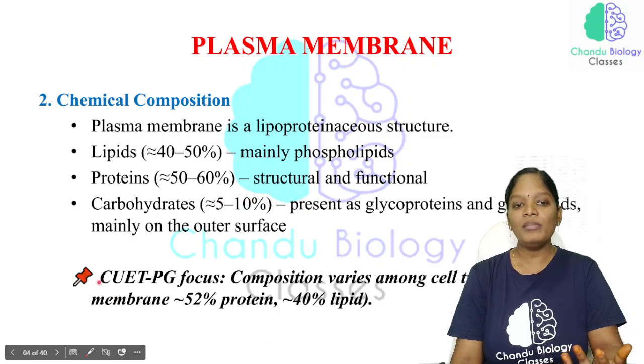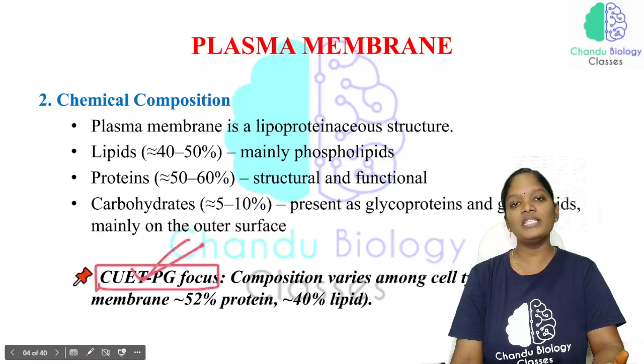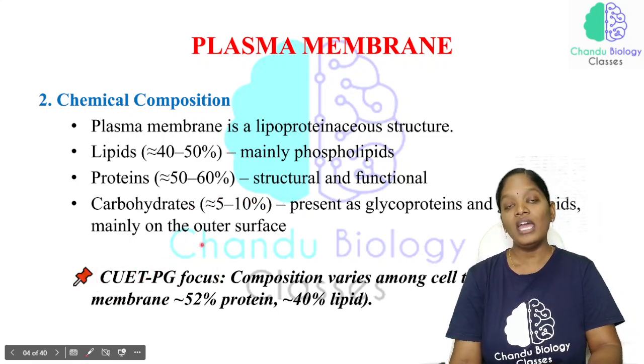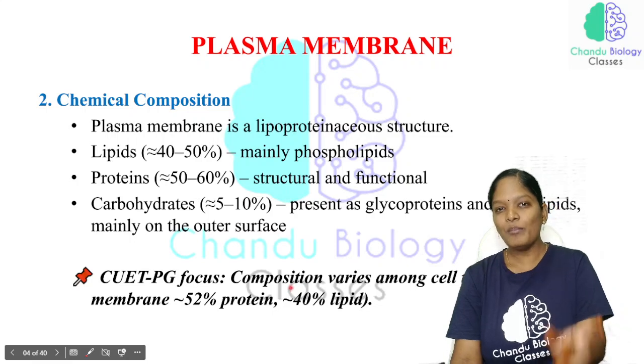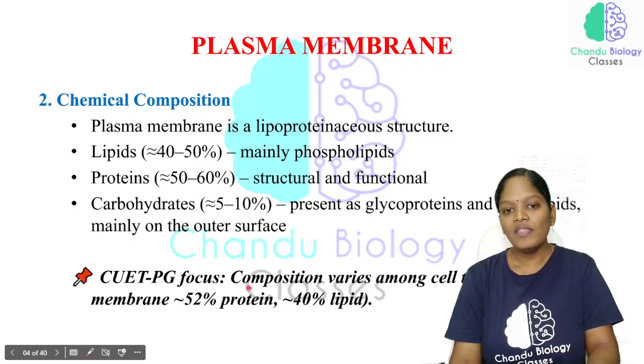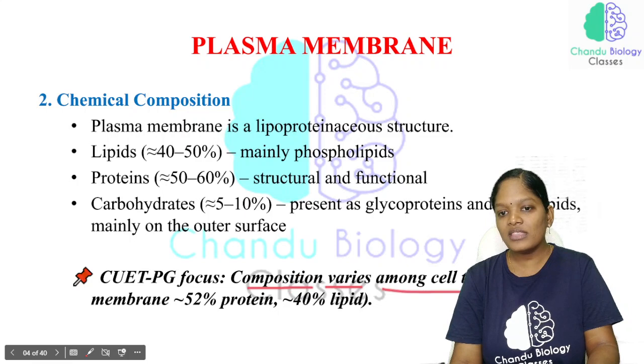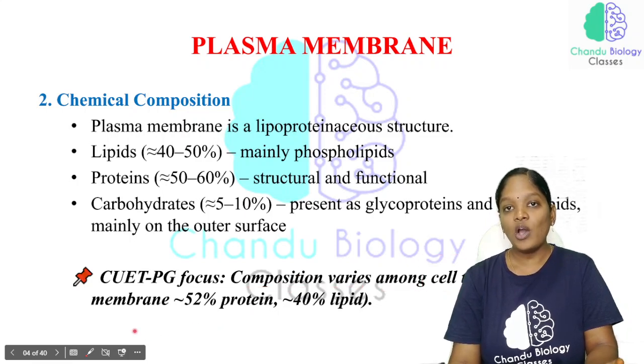So what will be the exam focus? When it comes to the CUET exam, how can we explain the composition of a plasma membrane? See, the composition varies among cell types. For example, in the RBC cell membrane, there is 52% protein and 40% lipid.